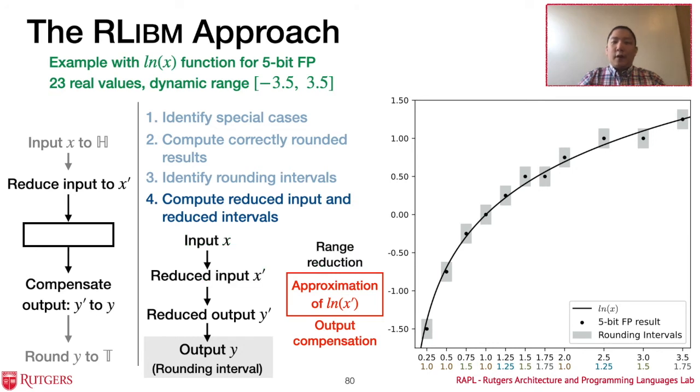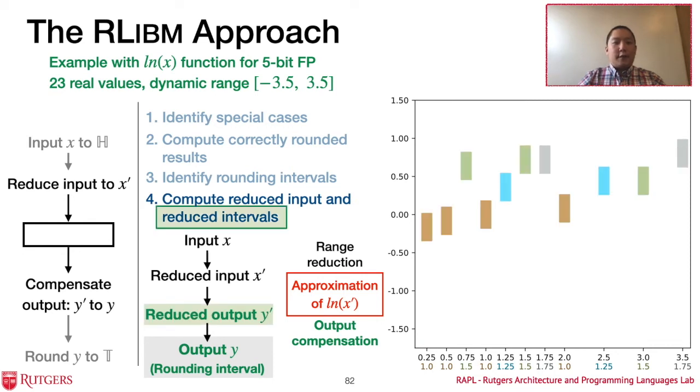Next, we identify the range of values that y prime can be. Y prime should be a value such that if we use the output compensation function with it, the result is in the rounding interval. Therefore, we use the rounding interval and reverse engineer the output compensation formula to identify a range of values for y prime. We call this range of values the reduced interval.